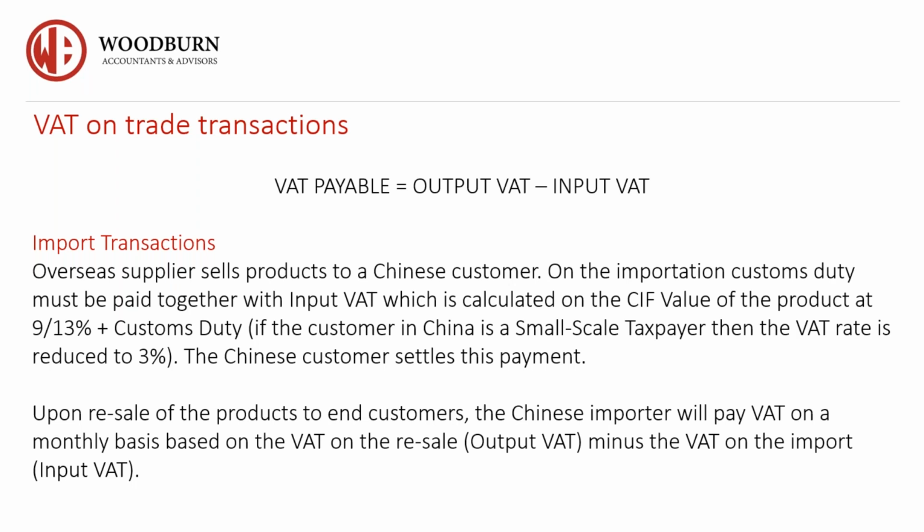Be aware that based on the table that I showed you, the VAT will be either 9 or 13%. Generally speaking, it's going to be 13%. 9% is usually for agricultural and utility items. If you are in a sector with luxury goods, alcohol, tobacco, or vehicles, you will also have a consumption tax that has to be calculated within this.